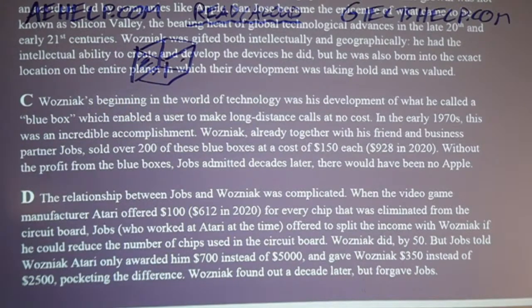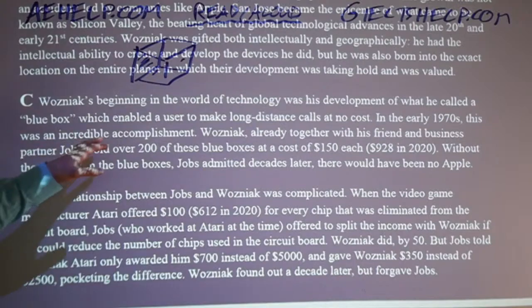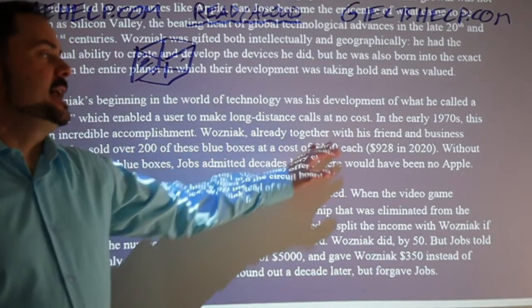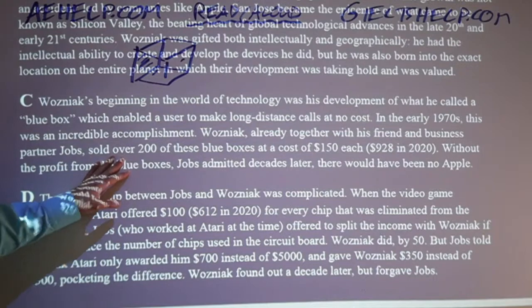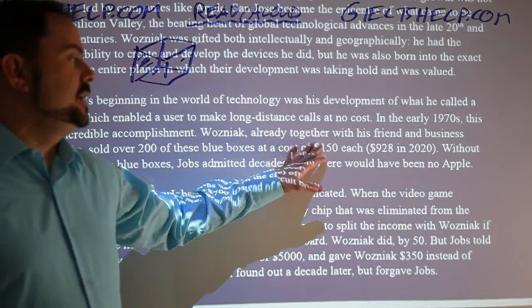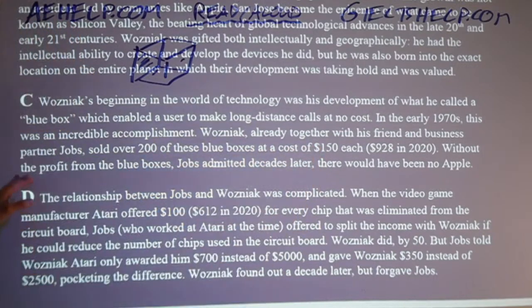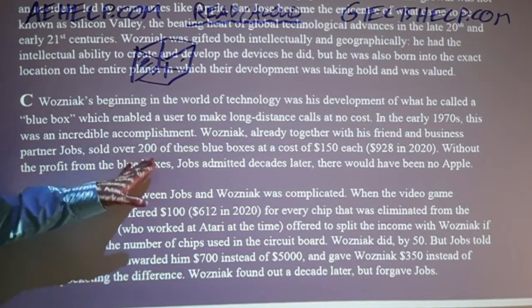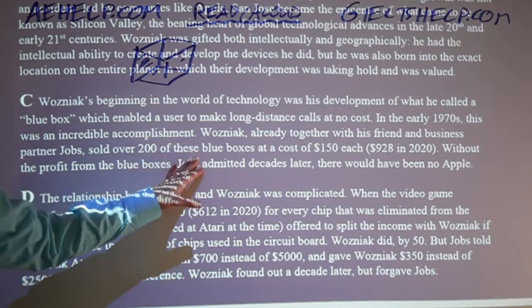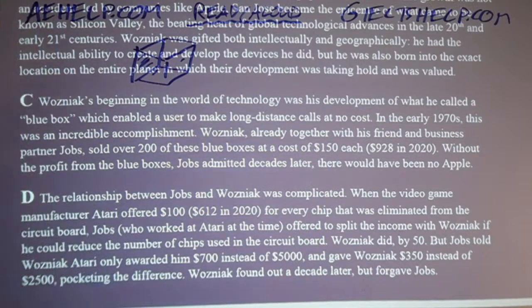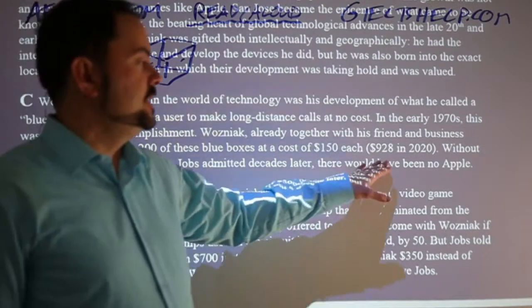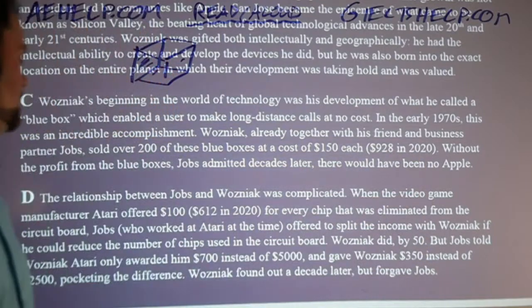So blue box, which enabled a user to make long distance calls at no cost. In the early 1970s, this was an incredible accomplishment. Wozniak already, together with his friend and business partner Jobs, sold over 200 of these blue boxes at a cost of $150 each, $928 in 2020.